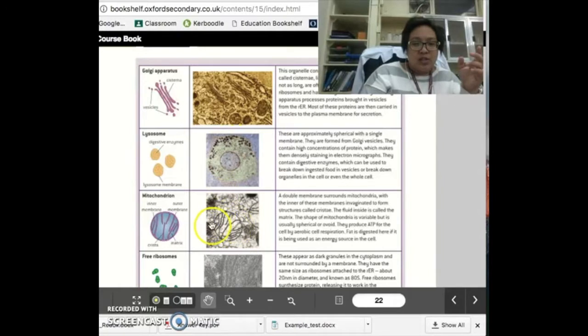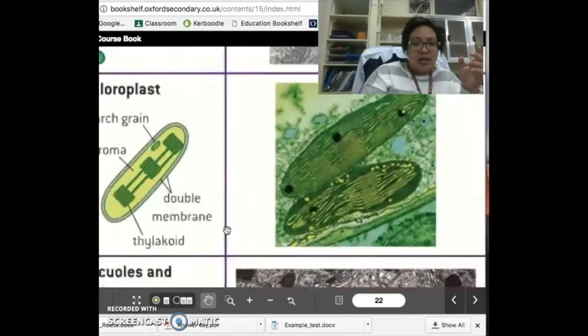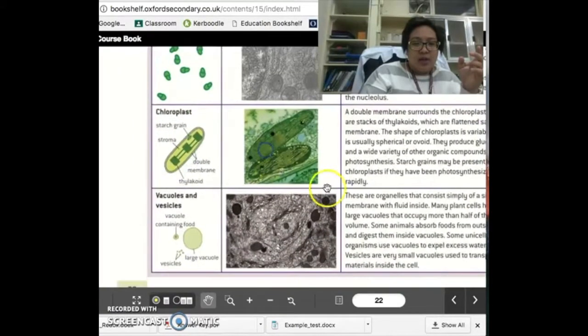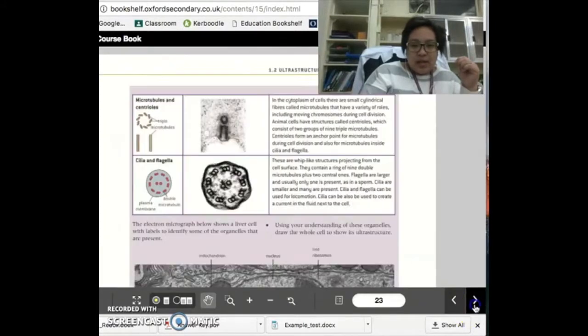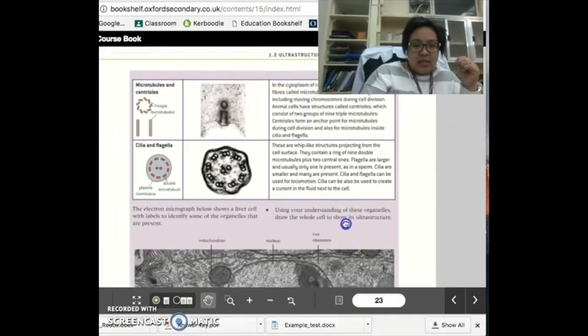Mitochondria are spherical with membranes inside. And then you have your chloroplast. It's spherical as well, with stacks of grana.